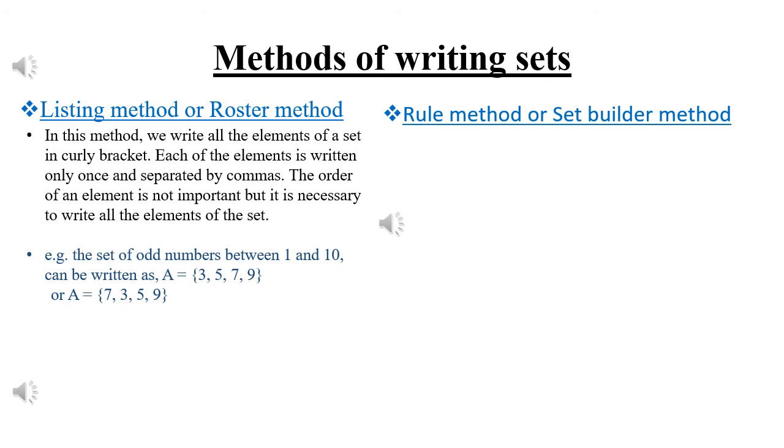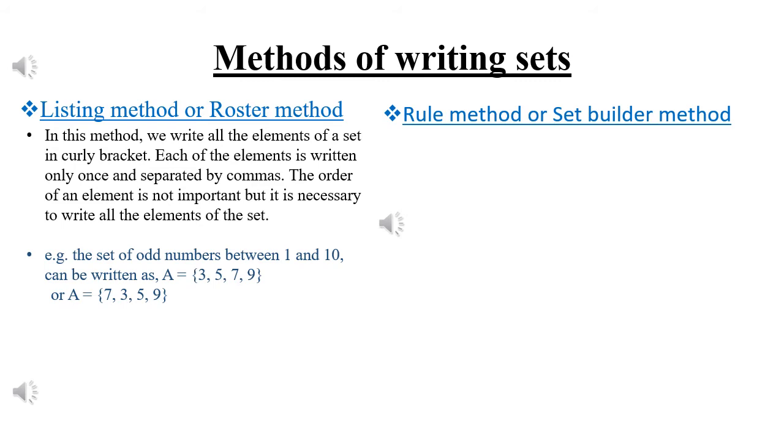A set of odd numbers between 1 and 10. Now which are the odd numbers between 1 and 10? 3, 5, 7, 9. So this is the list of odd numbers which I have from 1 to 10. And therefore, when I write it in the roster method, it will be A is equal to, in curly brackets, 7, 3, 5, 9.